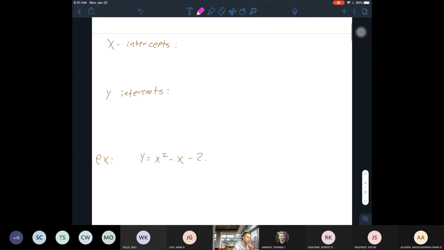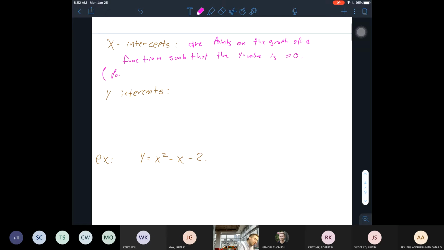Okay, so what are x-intercepts? X-intercepts are points on the graph of a function such that the y value or y coordinate is equal to 0.